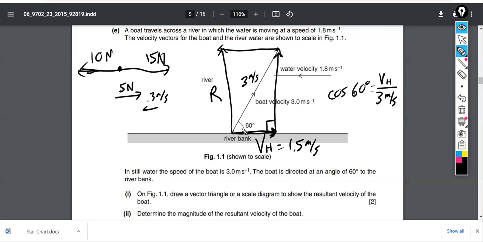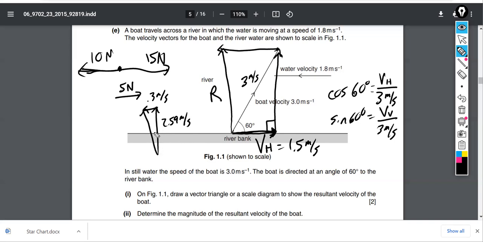Now I still have this up component. How much of that is up? That would be the sine of 60, right? Because that's opposite, and it would equal the vertical component of velocity. Solving that for velocity, the sine of 60 is 0.866 times 3, and so I still have a 2.59 meter per second up velocity.